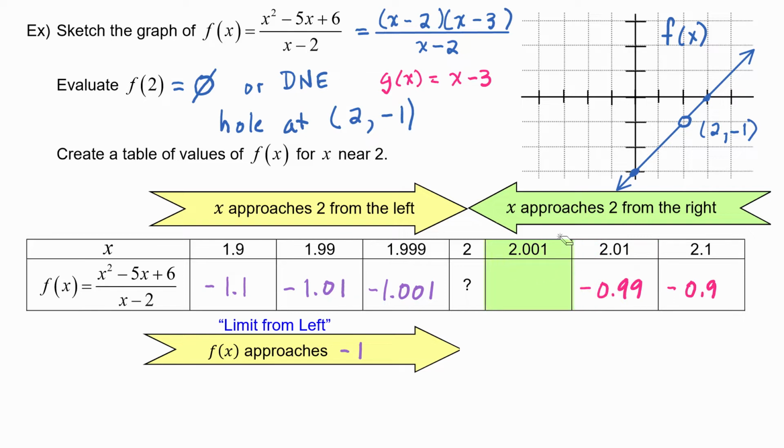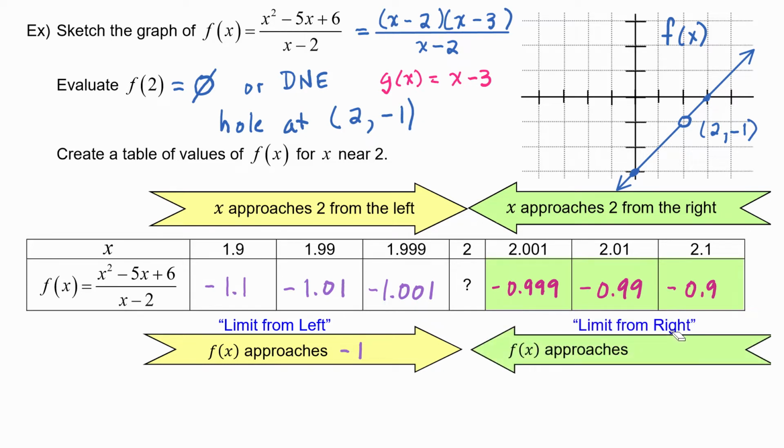Getting even closer, at 2.001, we get negative 0.999. Now, as x approaches 2, coming in from the right, we see that the y values are getting closer and closer and closer to negative 1. So we say the limit from the right is that f of x approaches negative 1.